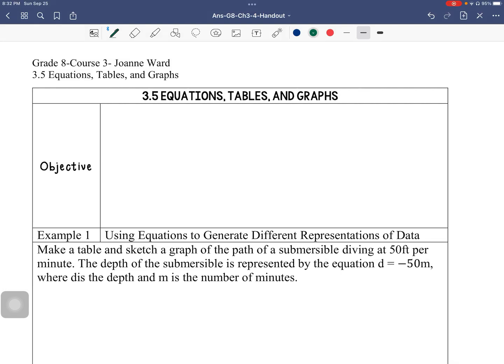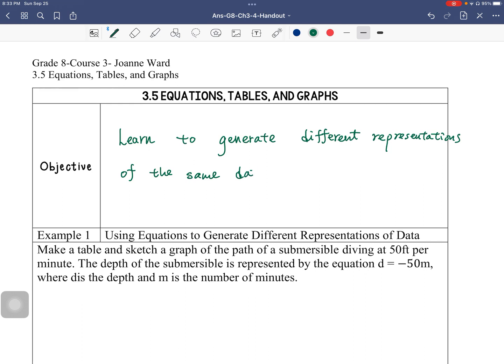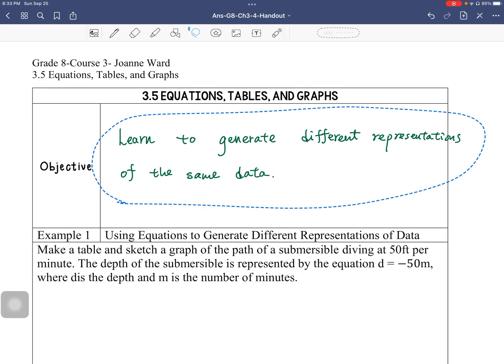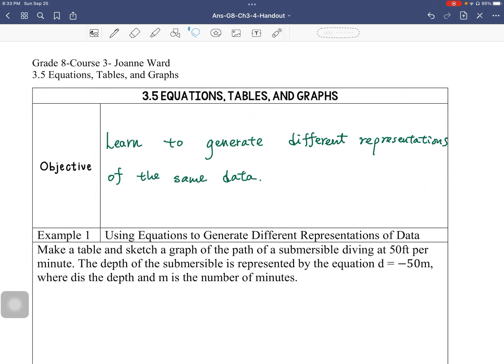So 3.5, I want to talk about tables, equations, and graphs. What's going on here is we want to learn to generate different representations of the same data.